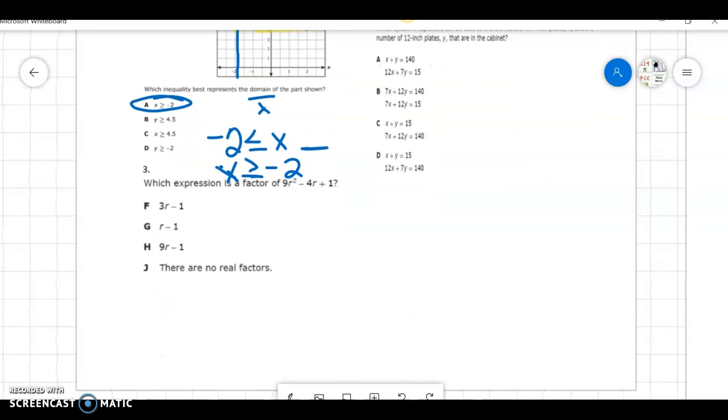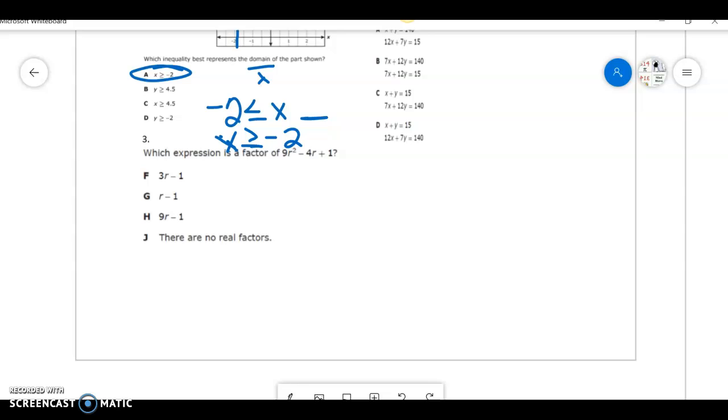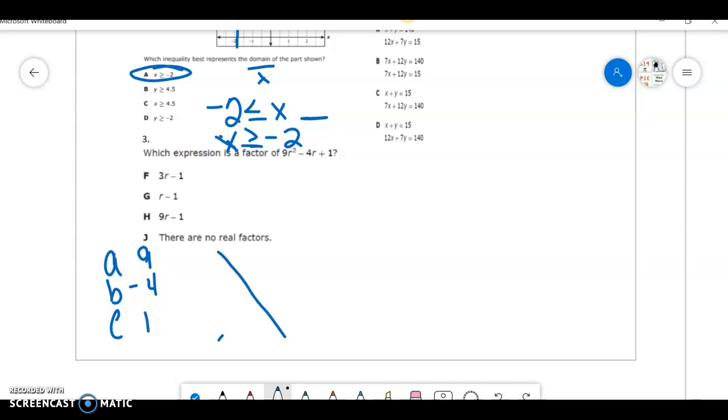Which expression is a factor? Okay, we just did this the other day in class. So there is not a GCF here. So I have A, B, and C, 9, -4, and 1. Here is my cross puzzle, A, C, and B. 9 times 1 is 9. Here's my -4.